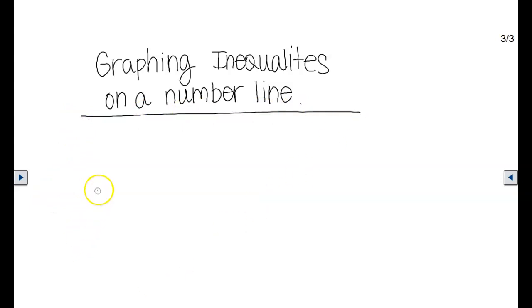All right, so let's start with this. Let's suppose that I have the inequality x is greater than 5.